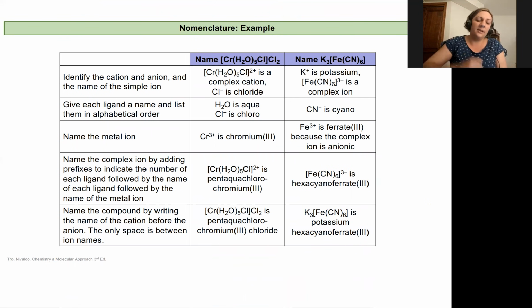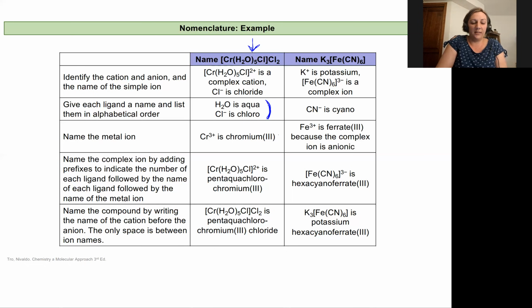So in here, I've got another couple examples for nomenclature. So walking through one here where we're going to have our complex ion be the cation. This is chromate or chromium, and it has 5 water molecules and 1 chlorine coordinated to it. So that water will be aqua and the chlorines will be chloro. And so I first kind of decide what I have. So my ligands are named here. So I figure out my ligands.